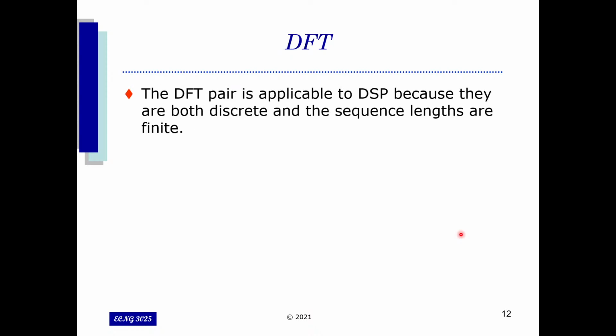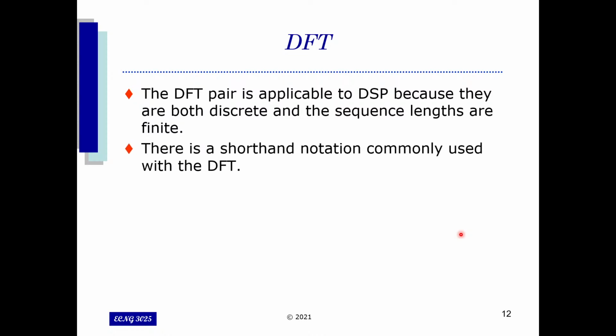The DFT and the IDFT that we just observed are applicable to DSP because, like I said, DSP requires discrete signals in particular. You also make sure that the sequence lengths are finite in general. The shorthand notation that we use with the DFT is that we represent that exponent form that we saw, e to the minus j 2 pi divided by n, as w of n.